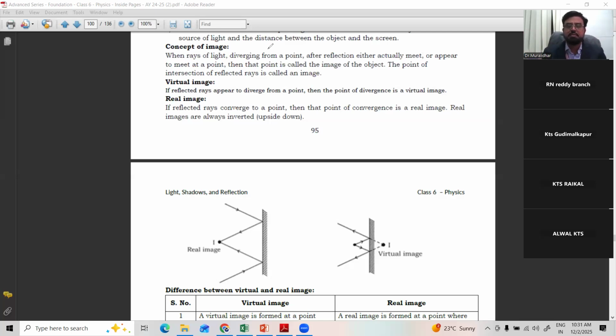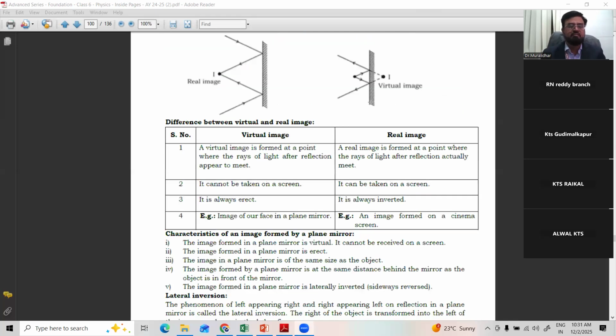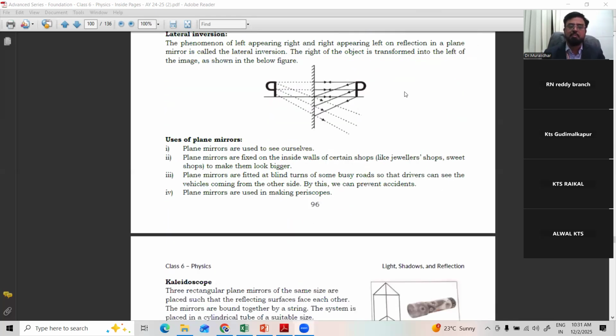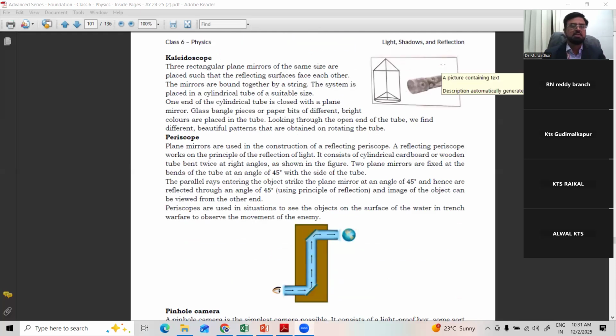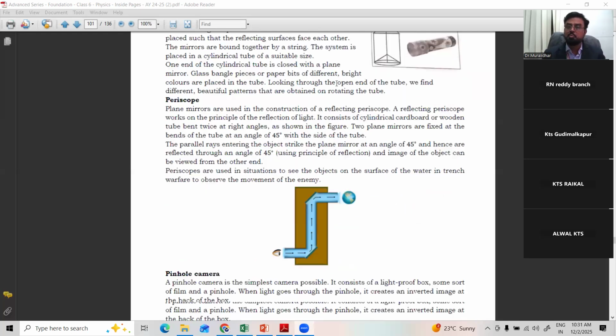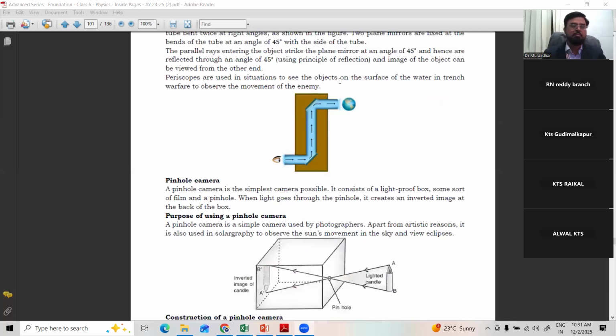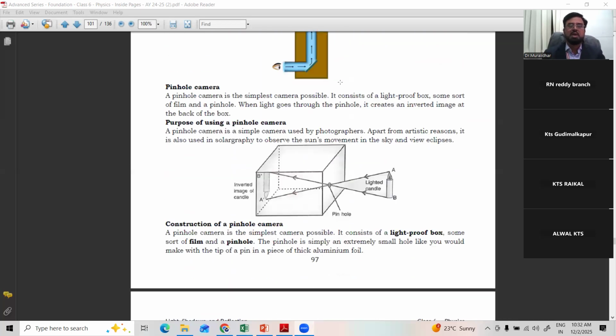So in the next class, we'll see how this real image is formed, how this virtual image is formed, the reason behind the formation of images, and the difference between them. Further, we'll close the chapter in the next section, right? We'll see the characteristics of a plane mirror, so many things we'll discuss. Some interesting devices like the kaleidoscope and periscope. In a science fair, you can prepare something like a pinhole camera.